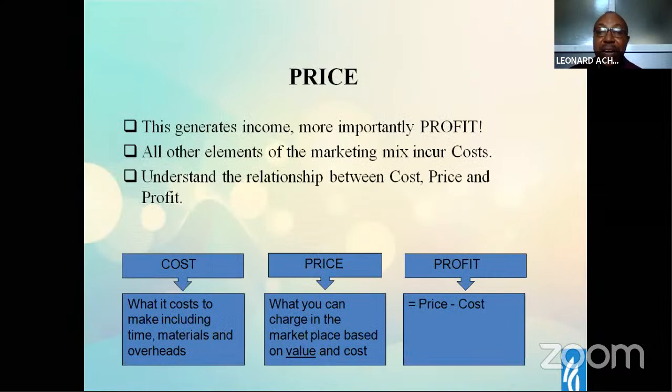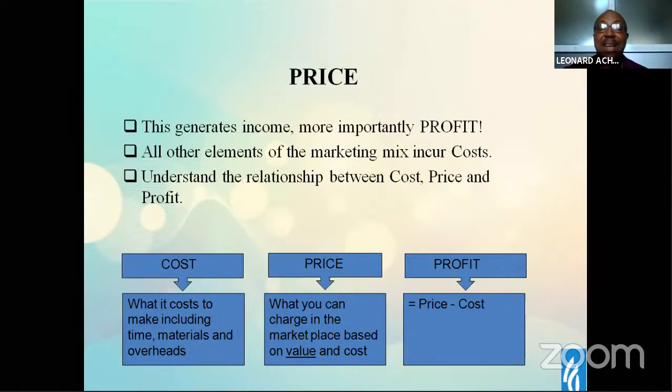Then we have another P called price. Price is key in marketing. Without price, you would be like a Father Christmas who produces items and gives them out to people for free, and they take and go home and thank you.